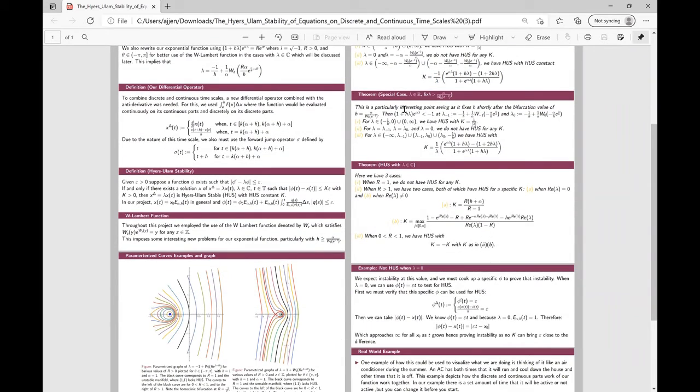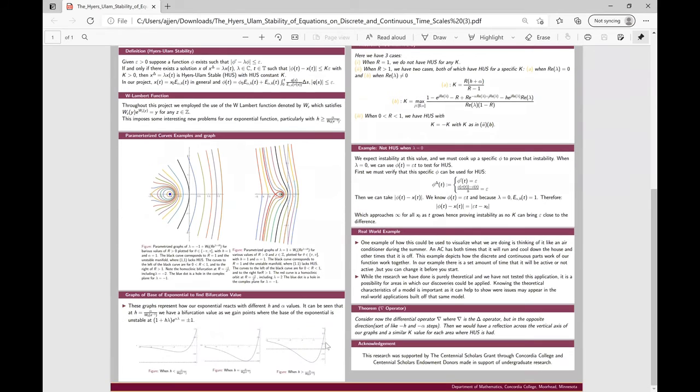So then, what happens when we take our lambda in R and we fix h to be strictly larger than that bifurcation value, or in this case where we are past that bifurcation value?